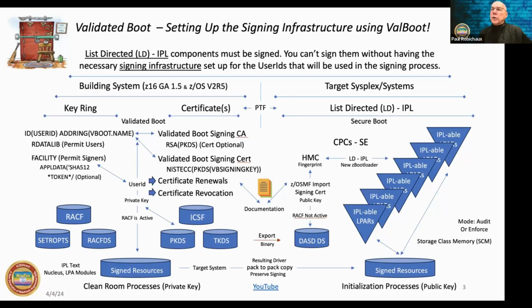And in doing so, we not only pass the components forward, but we also have to pass the certificate that was used in the signing so that its public key can be embedded in the HMC. So when it passes on that information to the various LPARs, when those LPARs are IPL'd, that public key can be used to validate that those components, in fact, came from a trusted source: you.